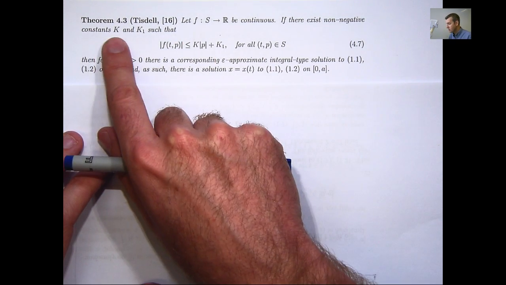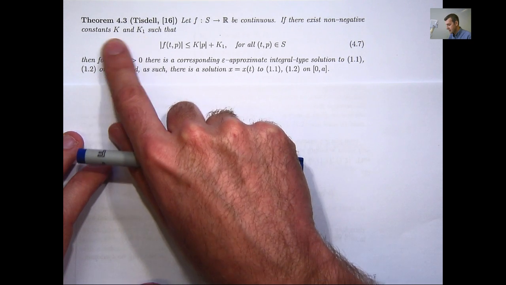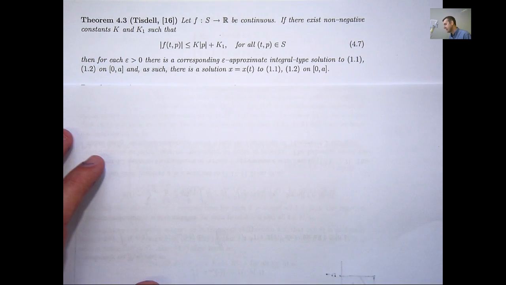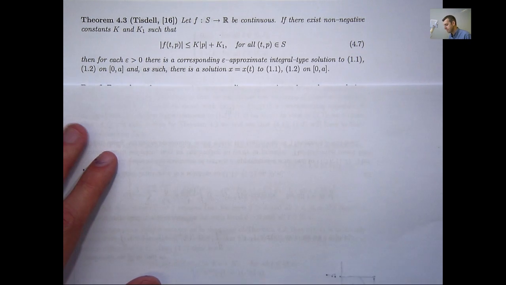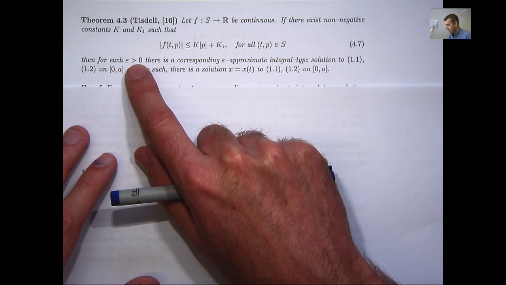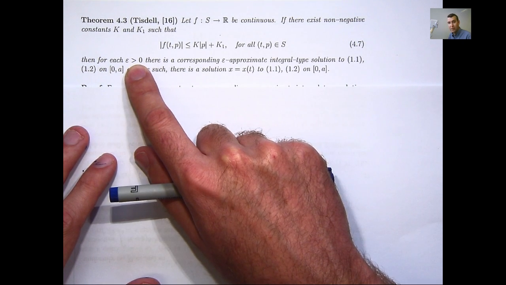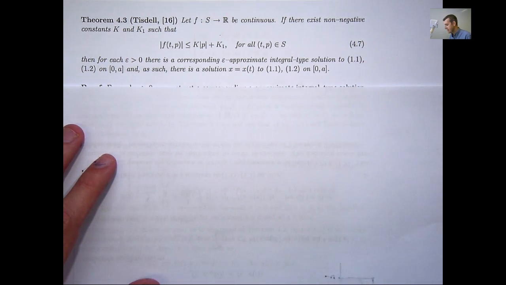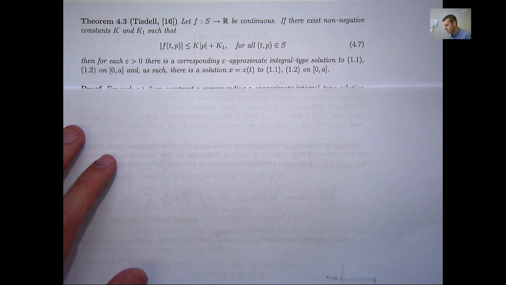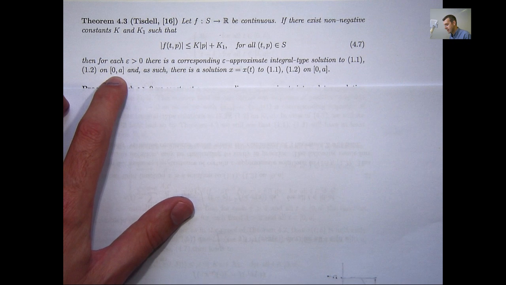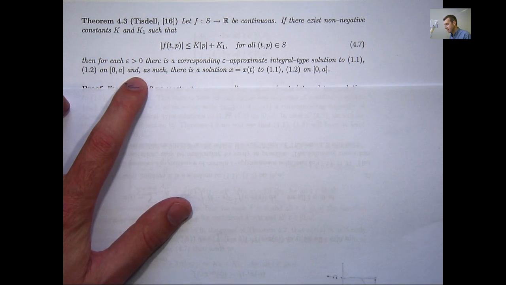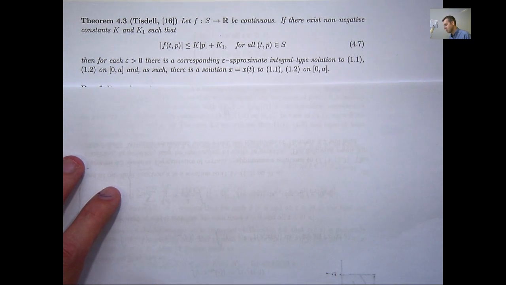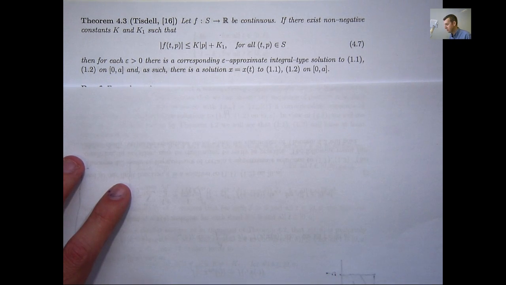If there exist non-negative constants k1 and k, such that f satisfies this, I guess, linear growth condition on the strip, then for each positive epsilon, there is a corresponding epsilon approximate solution to 1.1, 1.2 on the interval of interest, and as such, there's a solution to our initial value problem, 1.1, 1.2.